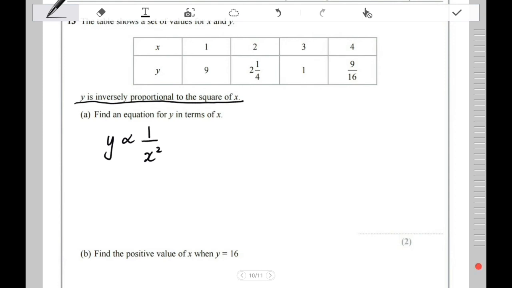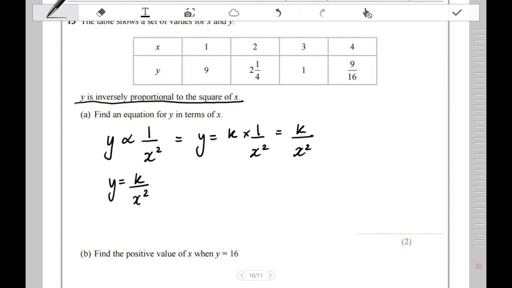So if it said y is inversely proportional to the cube of x, it will be 1 over x cubed. Okay, this can be translated as y equals some constant multiplied by 1 over x squared, which we can write as k over x squared. Right, so we're left with y equals k over x squared.